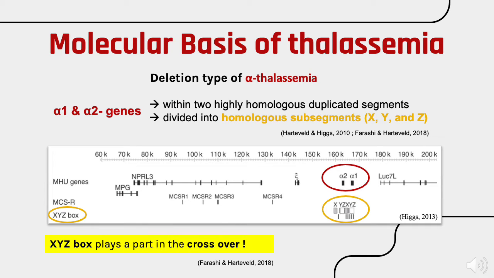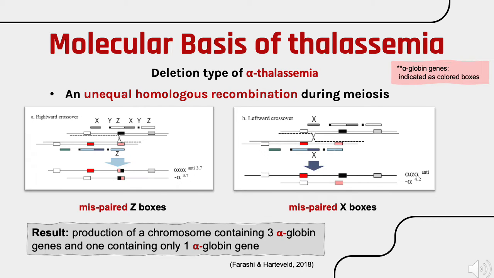If we take a look at the alpha 1 and alpha 2 genes, we'll find that they are within two highly homologous duplicated segments, and these segments are divided into homologous subsegments X, Y, Z, and the XYZ boxes play a part in the crossover. The figures here show you the misaligned chromosomes during crossover, which produce a chromosome containing 3 alpha globin genes and another one containing only 1 alpha globin gene.